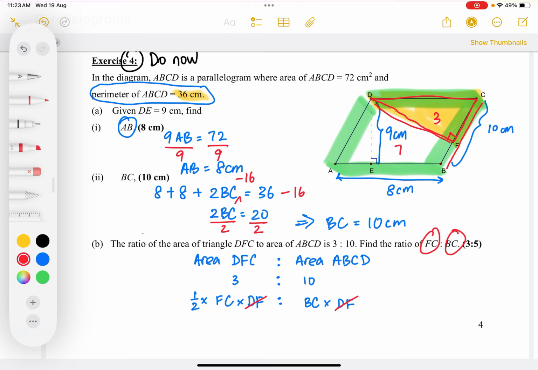You can divide both sides by DF. Now, we are left with half times FC to BC has the ratio of 3:10.